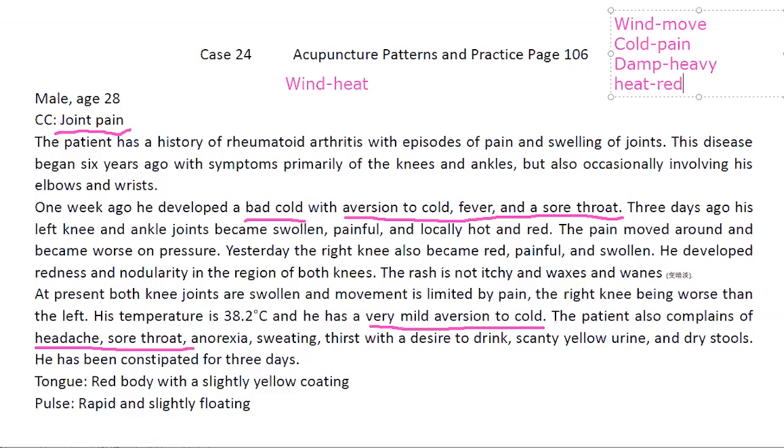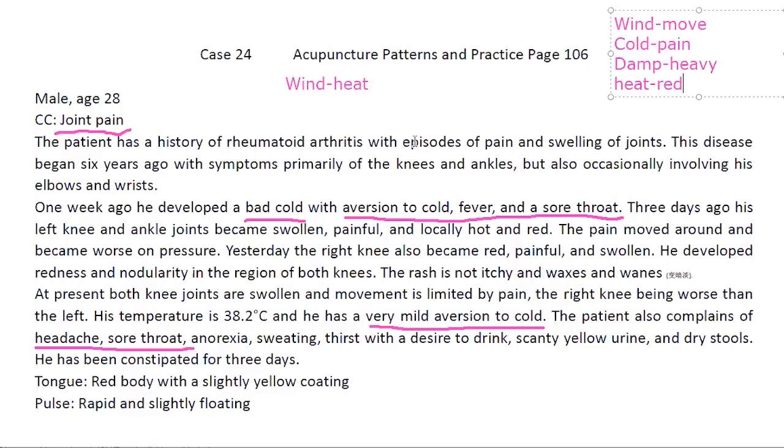and feels hot locally. So it looks like this patient does not have that heavy sensation, like usually we talk about maybe all over the body and maybe locally. And also, in the pulse and the tongue, we didn't see signs of dampness.